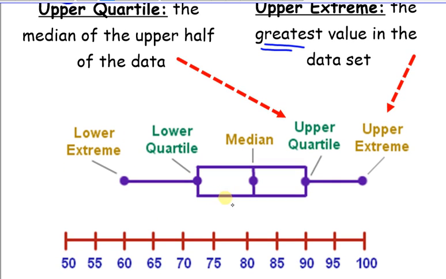So I want to put this a little simpler for you, okay? You're going to have a bunch of numbers, all right? Let's say you have 1, 2, 3, 4, 5, 6, 7, 8, 9, and 10. All right, and all you're going to do is you're going to find the median of this.